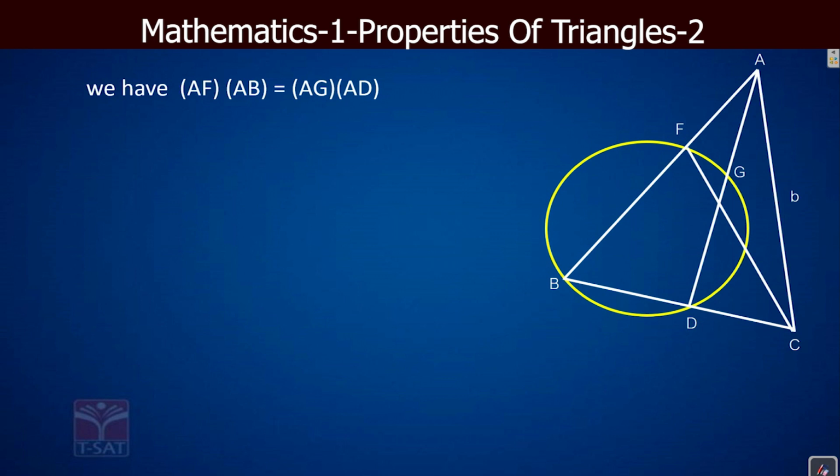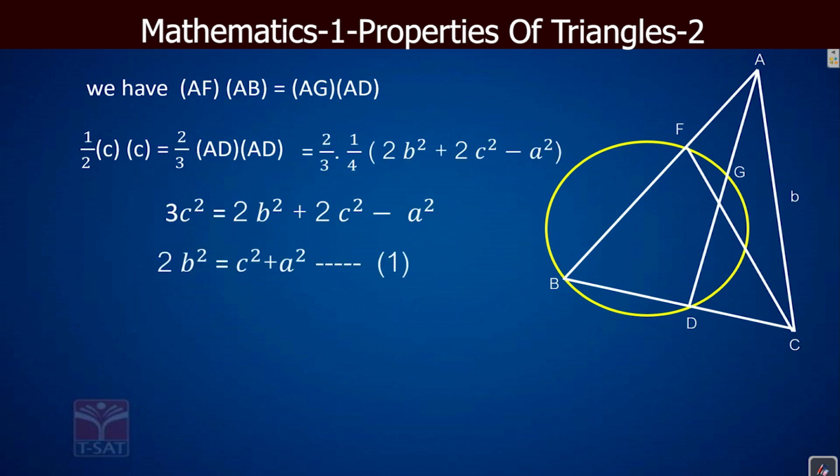That is, half c into AB, that is small c, is equal to 2 by 3 AD into AD. AG is 2/3 AD because the centroid divides the median in the ratio 2:1 from the vertex towards the base.